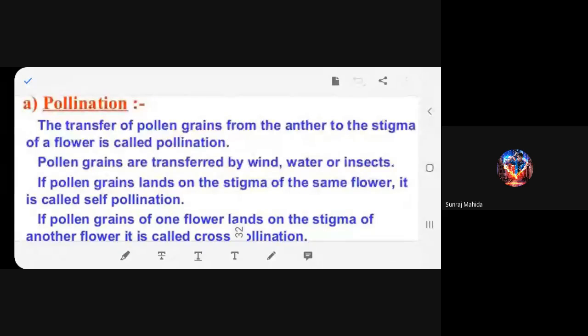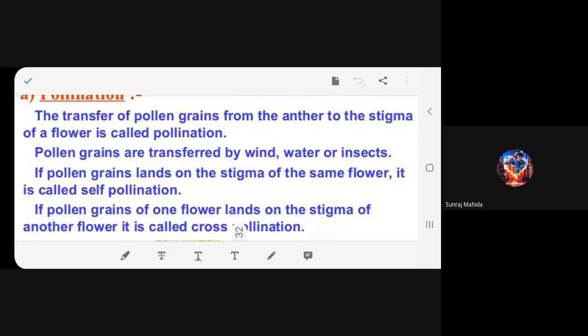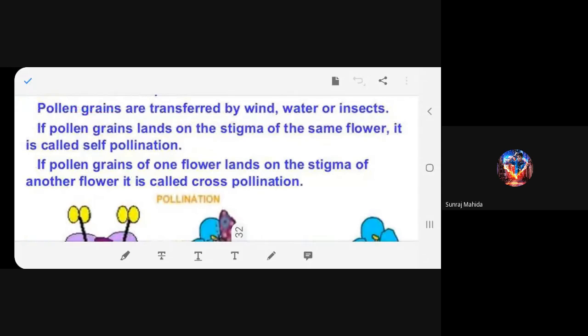If pollen grains land on the stigma of the same flower, it is called self-pollination. If pollen grains of one flower land on the stigma of another flower, it is called cross pollination. Understood?